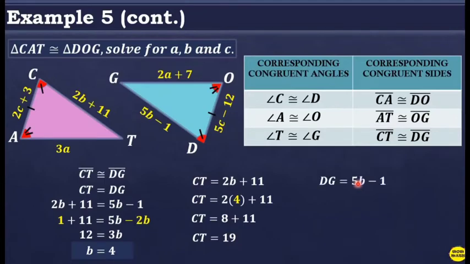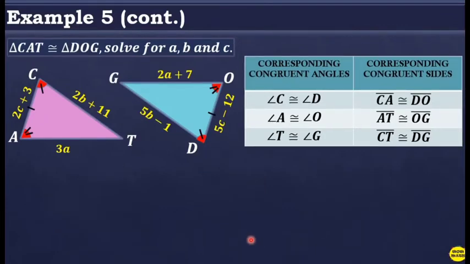Next, i-check natin siya dito sa DG kasi these two sides of congruent triangles are congruent. So, they must have the same measure. So, DG is equal to 5B minus 1. So, substitute natin si 4. 5 times 4, that is 20 minus 1. DG is also 19. So, they are congruent.